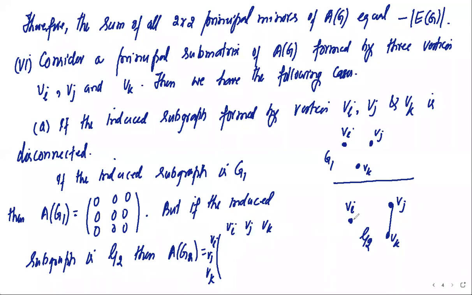Since Vi is not adjacent with any other vertex, the first row will be 0, and in fact the first column will be 0. Also the diagonal entries are all 0, and Vj and Vk are adjacent. This is the induced adjacency matrix for this kind of disconnected graph. We can see that in both cases, the induced adjacency matrix formed by these three vertices Vi, Vj, and Vk is a singular matrix.